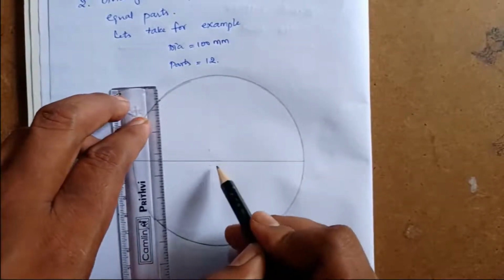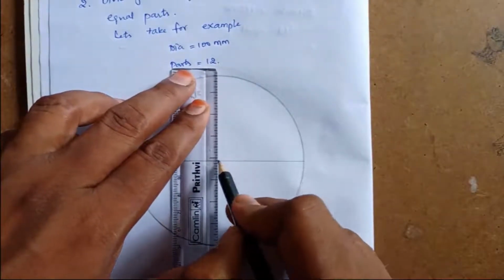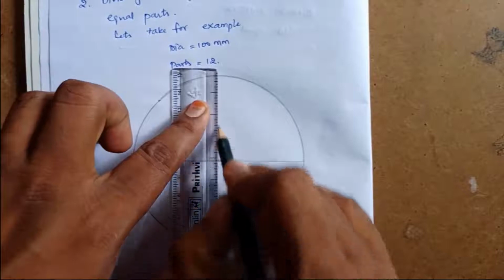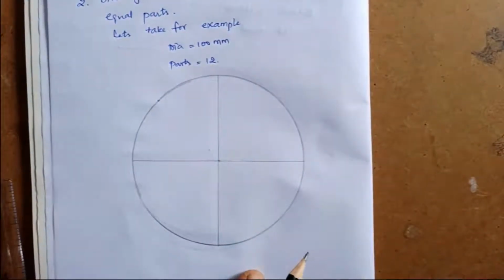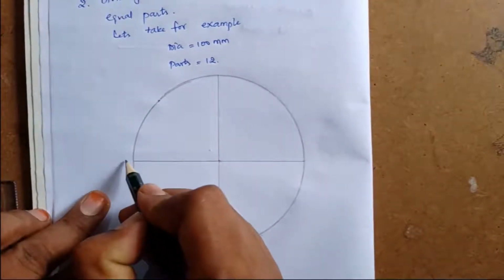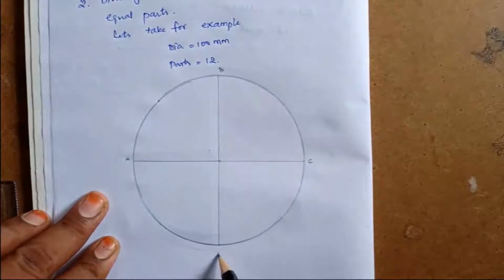There will be a center point, and at that center point, draw the vertical line. Now the circle has been divided into four equal parts. Let us give the names to the four divisions: A, B, C, D.